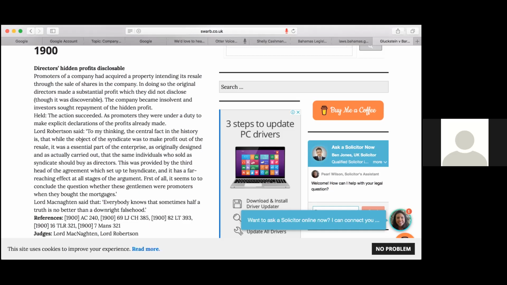So what if the property that the promoter is trying to sell to the company was acquired after he became a promoter? He still has to disclose. Yes, he does. And the company again has a remedy where they can rescind the contract. So rescission is always available.